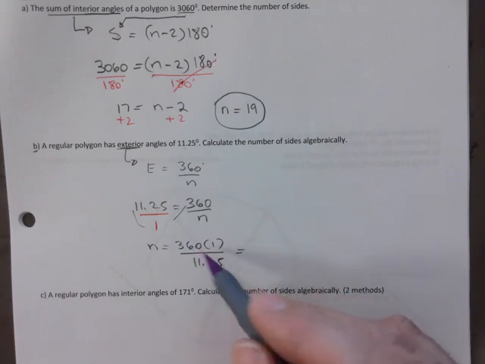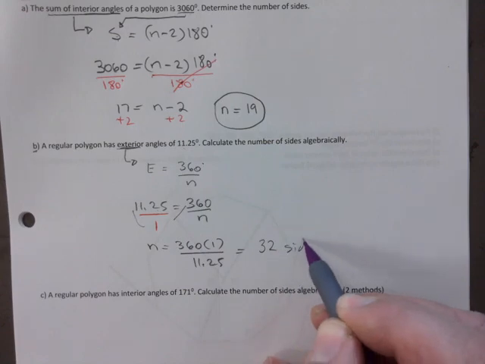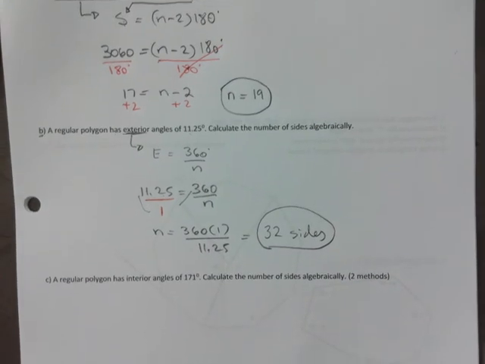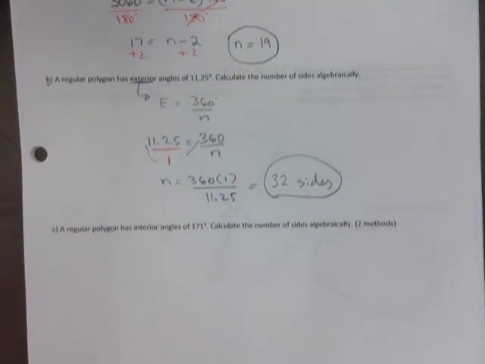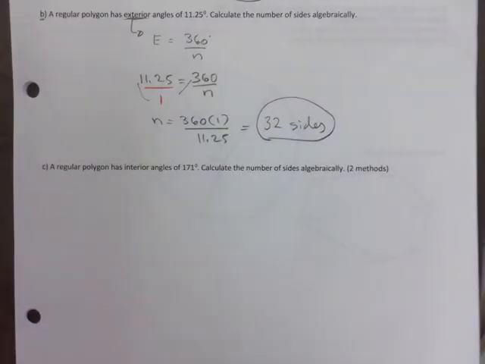So if you do that, 360 divided by 11.25, you get 32 sides.